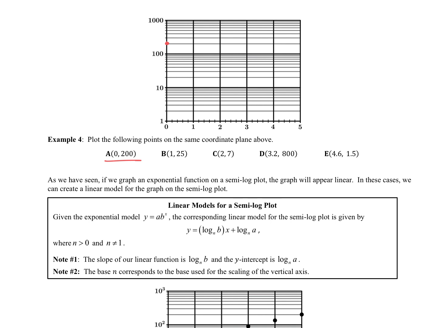And then let's do B. B is 1, 25. This would be 20, and then this would be 30, right? However, 25 is not actually right smack in the middle. It's a little bit higher than the middle.